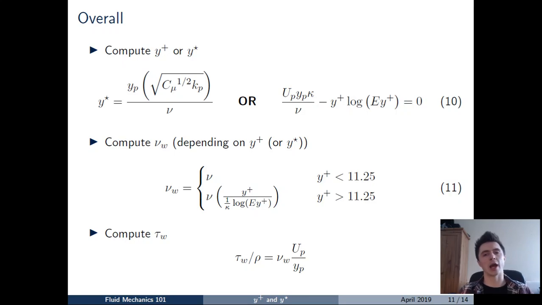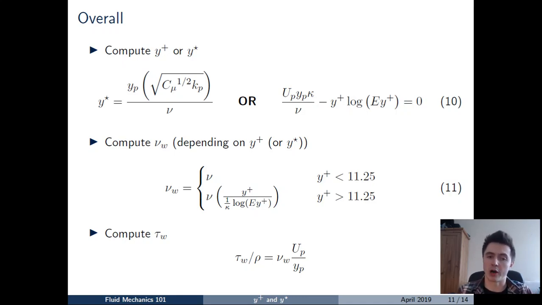So just to give you an overview of how this process will work in the CFD code to help really put everything together, at the start of an iteration, what will happen is the CFD code will compute the dimensionless wall distance yPlus or y star using either of those approaches in equation 10. Of course, the approach using yPlus requires iteration, whereas the approach using y star does not require iteration.